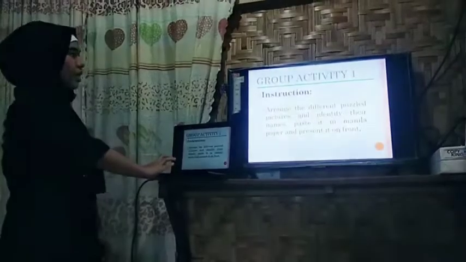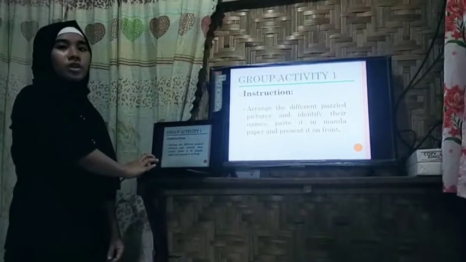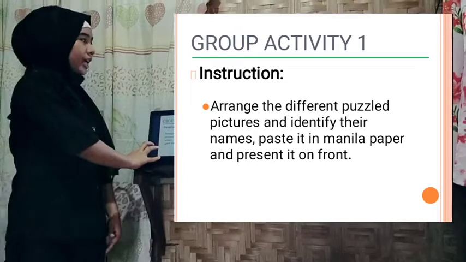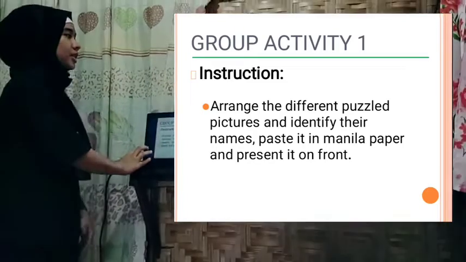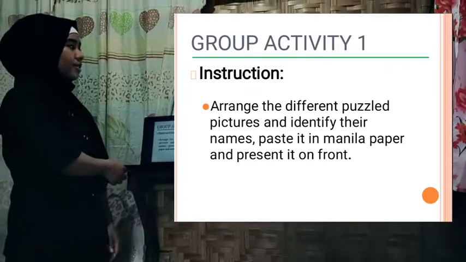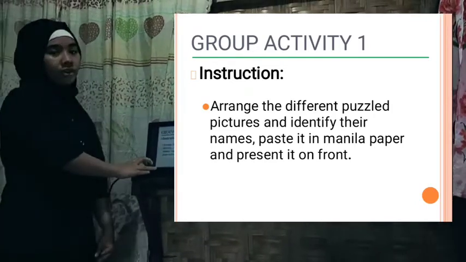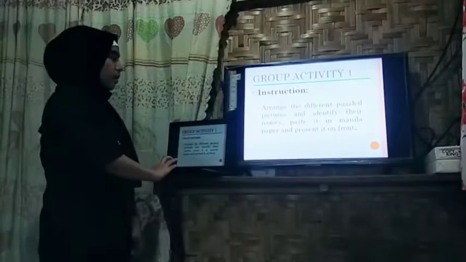Okay, here's your activity. So, let's read the instruction together. Arrange the different puzzle pictures and identify their names. Paste it in manila paper and present it on front. Okay, guys?